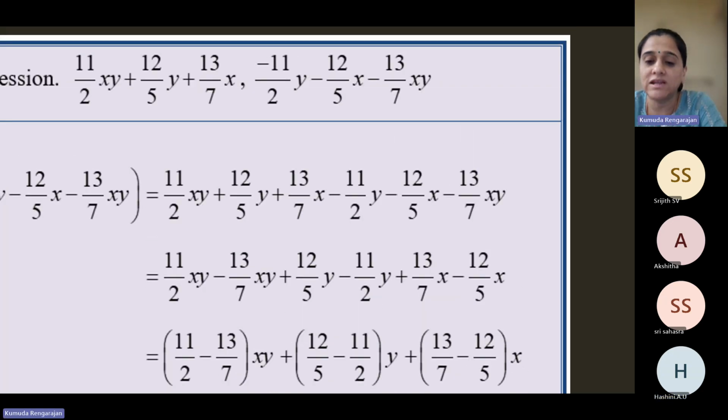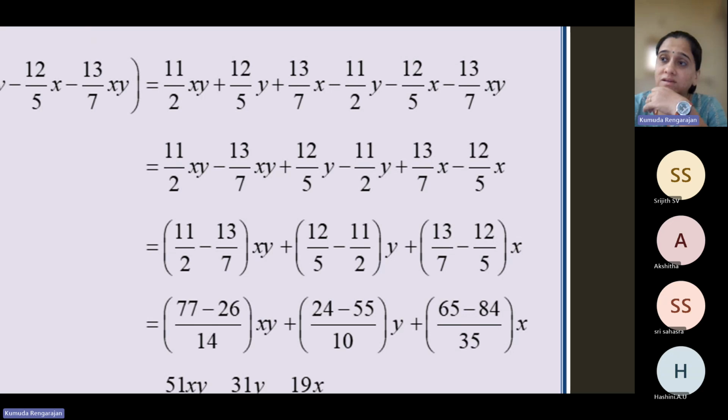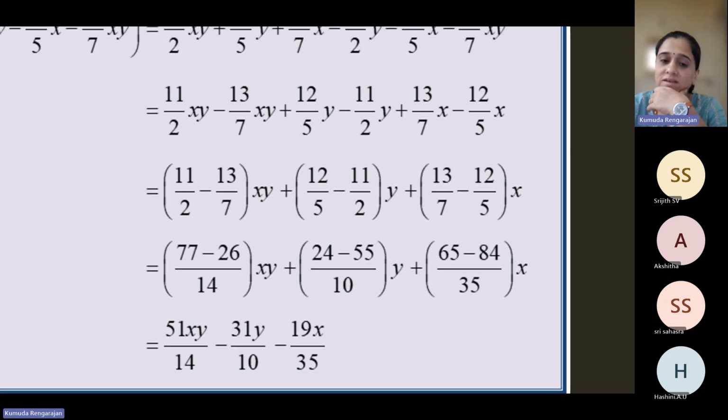And Navneet, the last one? Correct. Done with the last part? 77 minus 26 by 14. Read from your book. Next step: 51 by 14 xy.